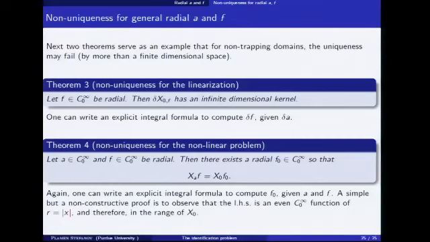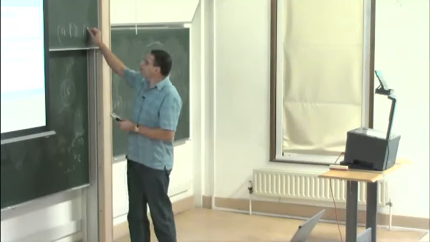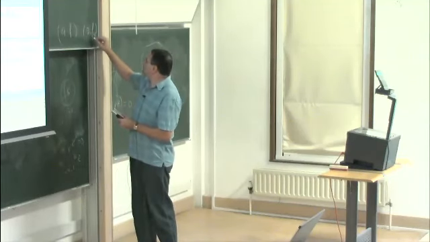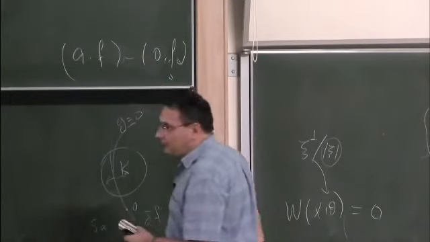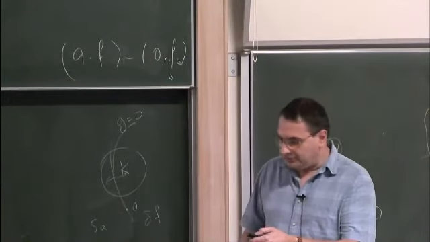So if you take A and F radial and smooth, you can always find F0 such that this is true here with attenuation 0. So in other words, A and F, and 0 and F0, and F0 you can compute, they have the same data, so you cannot distinguish between them.